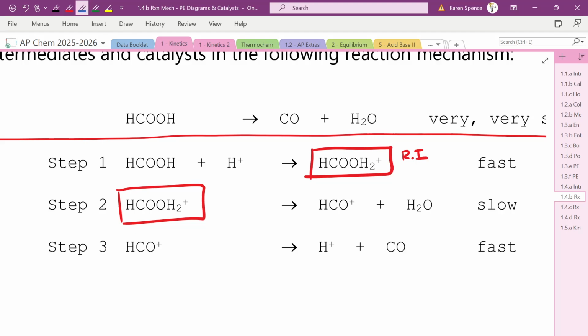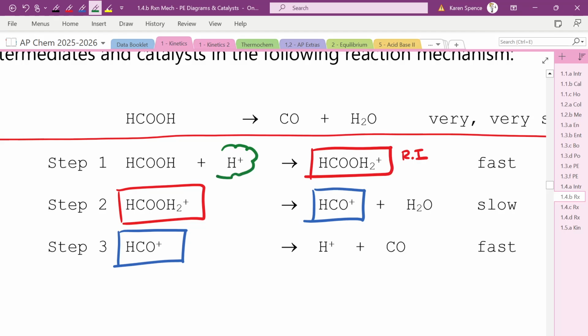HCO, yes, we also have HCO. Any other reaction intermediates? Is hydrogen a reaction intermediate? It's a catalyst because it appears first in the reactants, then in the products.